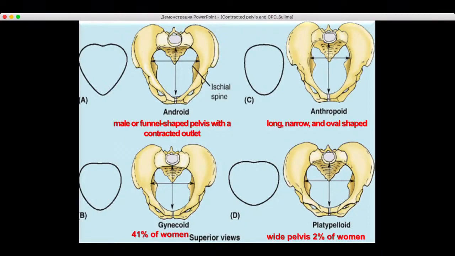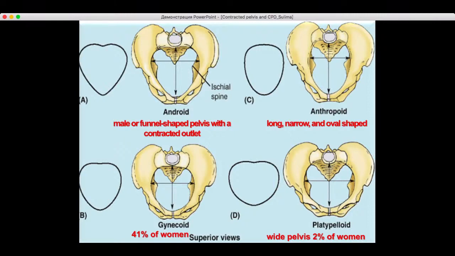The next contracted form of female pelvis is anthropoid. It's oval shaped. This is the jeans shape of pelvis. This pelvis has a long, narrow and oval shape. You can see in the literature that this is a jeans shape.